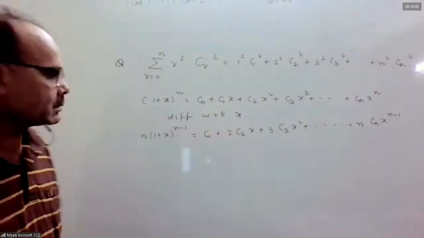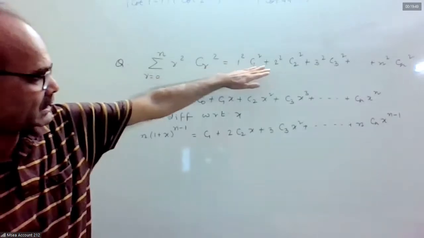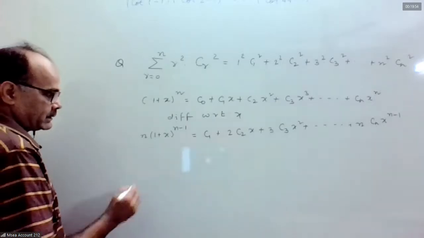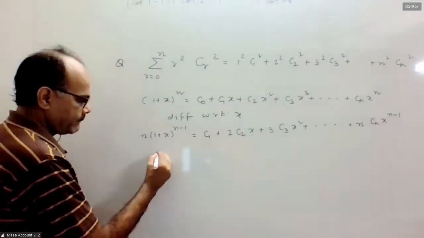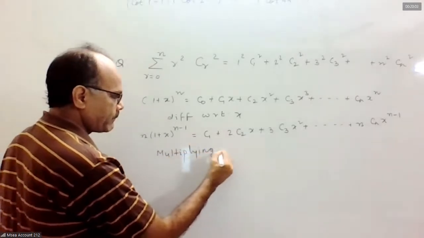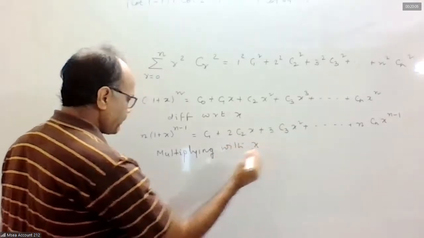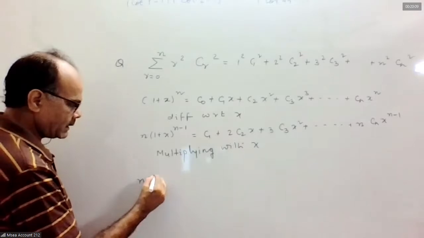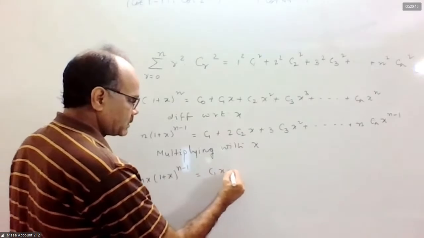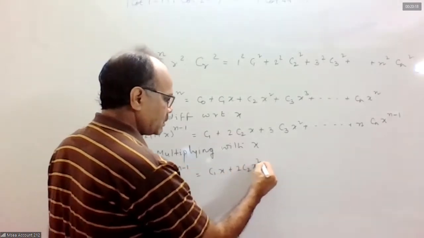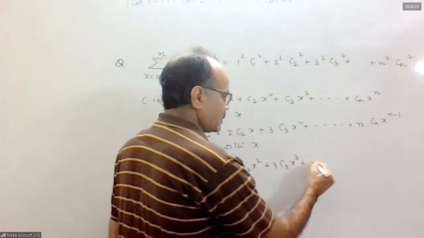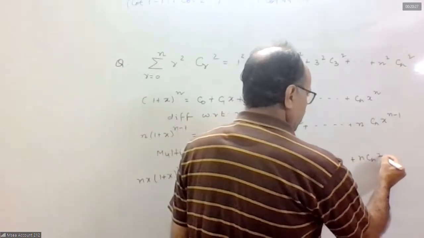Okay. So see, the series itself gives us the whole idea. Multiplying with x: n x into 1 plus x to the power n minus 1, equals C1x plus 2 C2x square plus 3 C3x cube, and so on, up to Cn x to the power n.